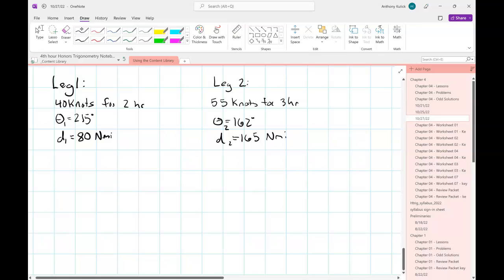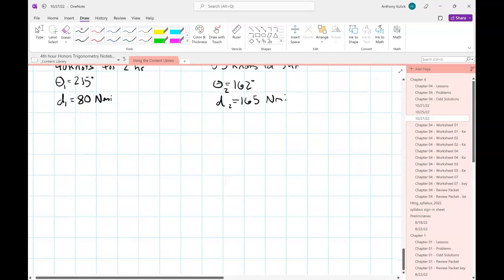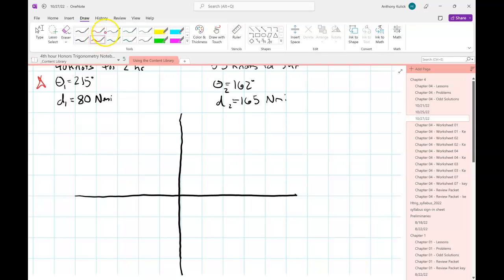So let's draw a picture of kind of what's going on then, right? So I'll try to draw a big picture so it's easy to kind of write in and describe what we're doing and how we're doing it. All right. So leg 1, I'm going to color in red, and leg 2, we're going to color in blue. Everybody's cool with that?